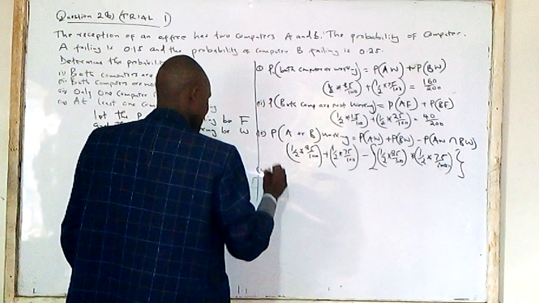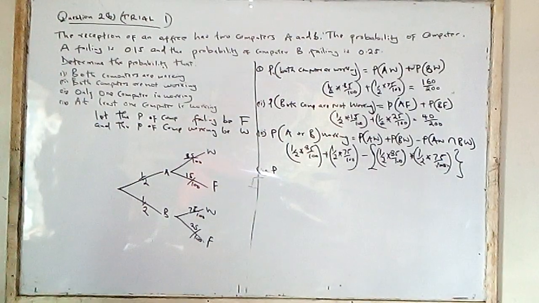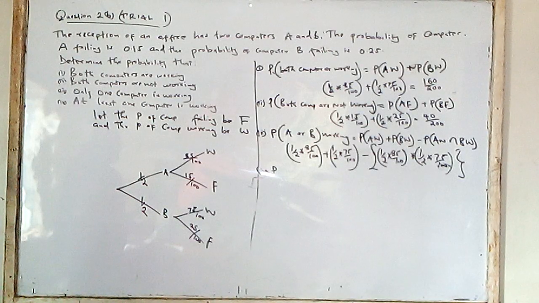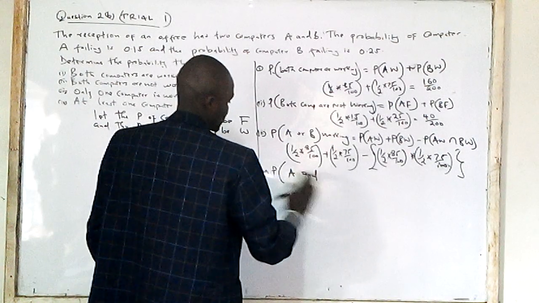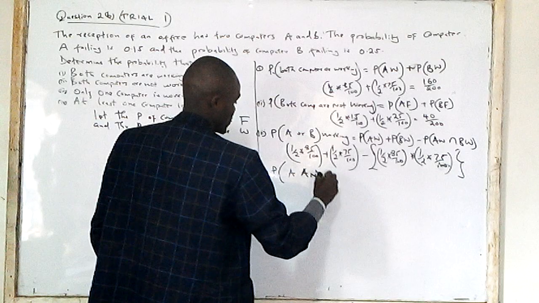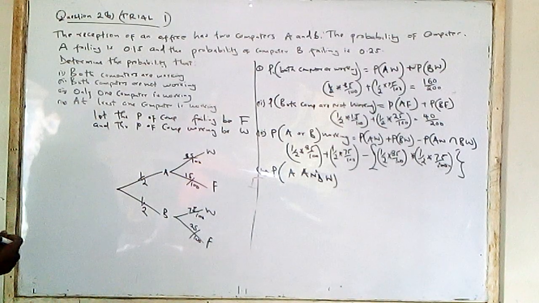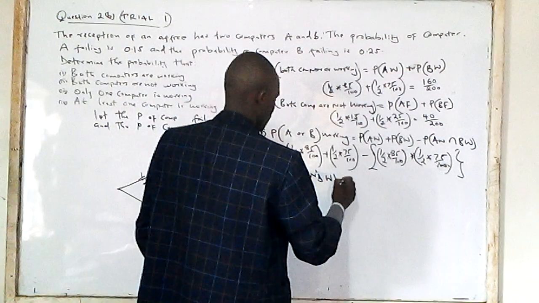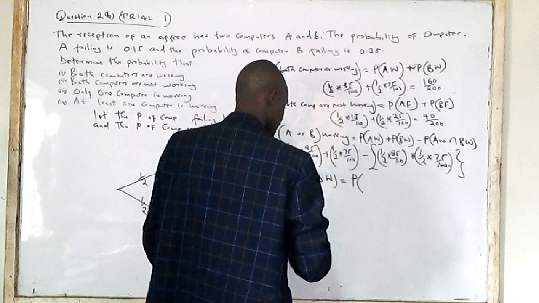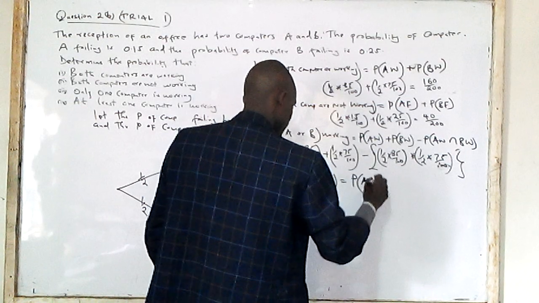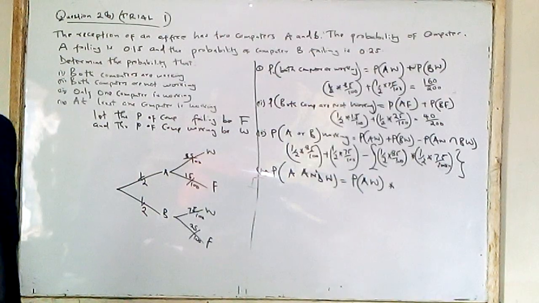So the probability that at least one computer is working is the probability of A and W, which is equal to probability of AW times probability of BW.